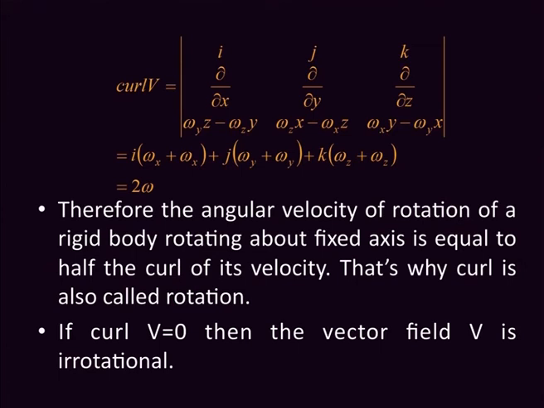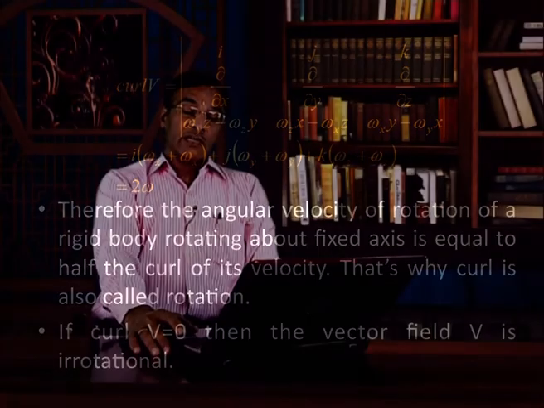Therefore, the angular velocity of rotation of a rigid body rotating about a fixed axis is equal to half the curl of the velocity. That is why curl is also called rotation. If curl v is equal to 0, then the vector field v represents irrotational motion.